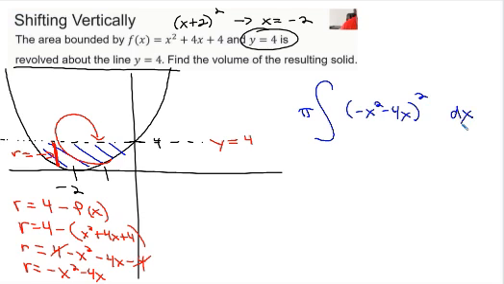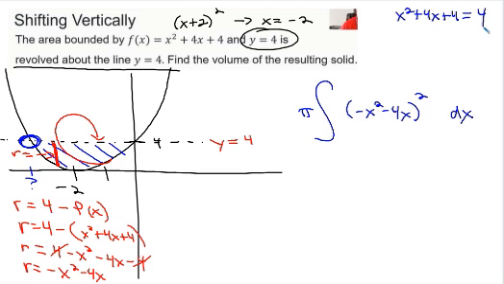My limits of integration are x values this time. All right? So I need to think about this one right here. What is this x value? Well, you'd have to set x squared plus 4x plus 4 equal to 4 to get your limits of integration.